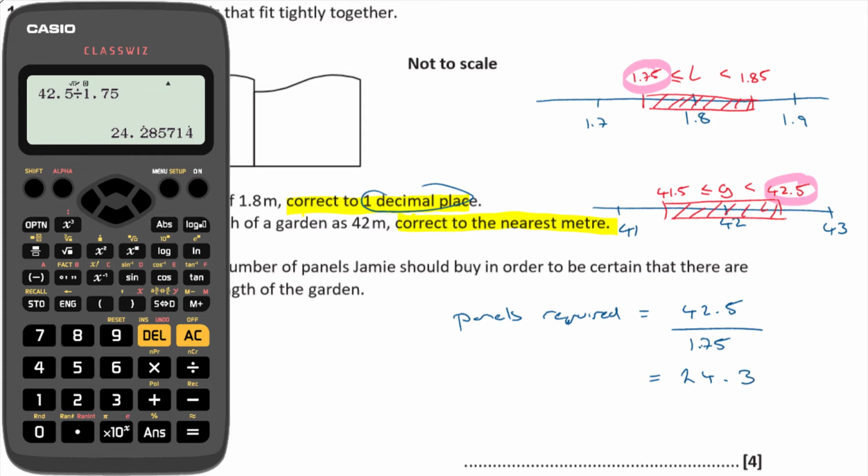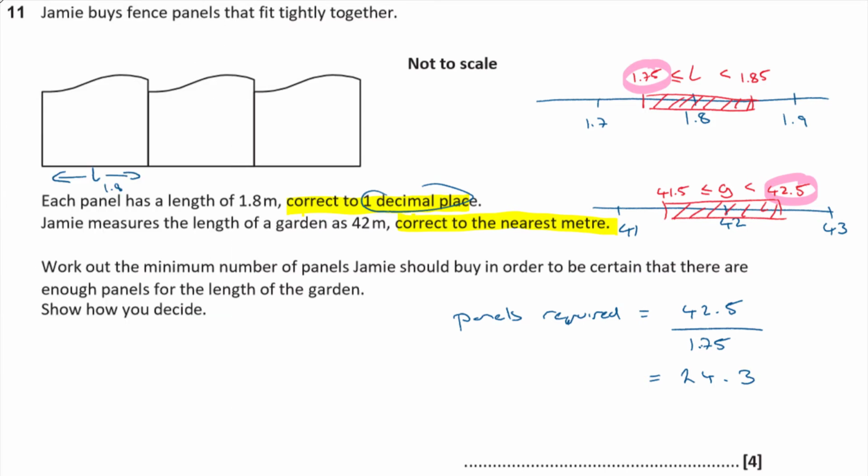Okay, so you'd have to round it up, wouldn't you? Well, 24.3 rounds down, but if you rounded it down and only had 24 panels, you'd have a gap at the end of your garden which hasn't got a bit of fence in it. So you're going to have to round it up to 25 and saw a bit of it off and put that bit in. So I'm going to be using 25 panels as a maximum.